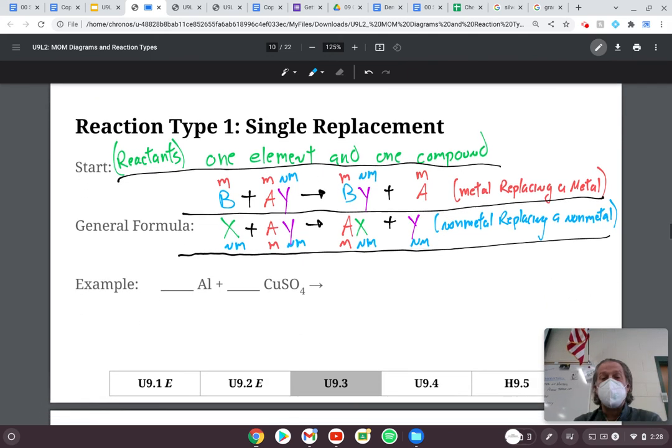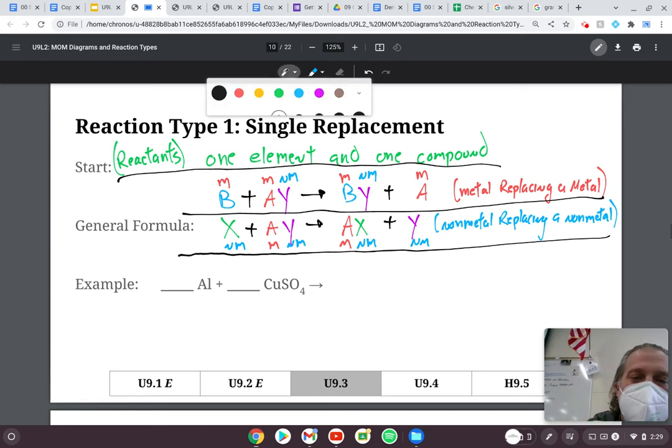I see that I have aluminum, which, according to my friend in the periodic table here, is going to be a metal, right? And I see I have copper, which also is a metal. And SO4, you may recall, is a polyatomic ion, right? So in this instance, I have a metal and a metal trying to replace each other.